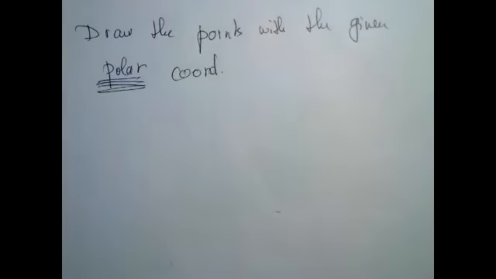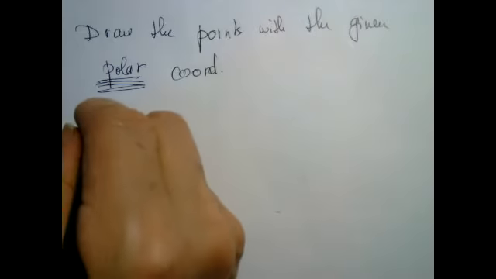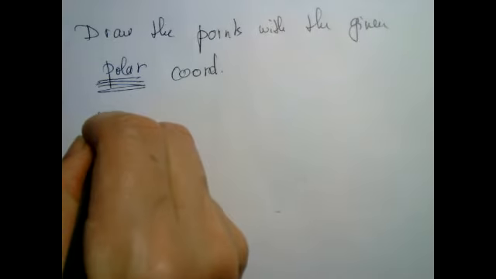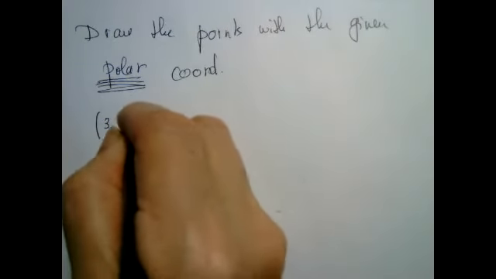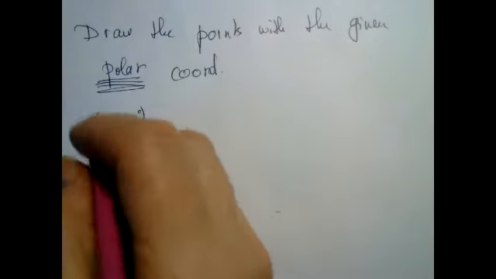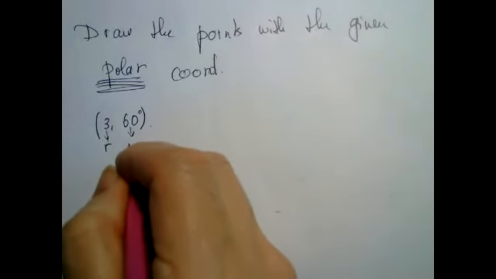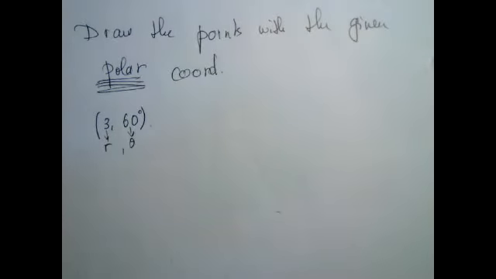Okay, all right. So I'm going to draw several points. What I'm going to give you now are polar coordinates. So suppose I give you (3, 60°). I'm going to put degrees to mention it. So when I tell you (3, 60°), right now, the 3 is the r and the 60 is the angle. So we have to be very careful what's inside those.